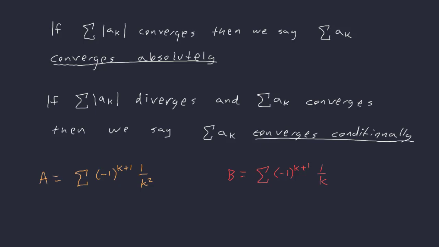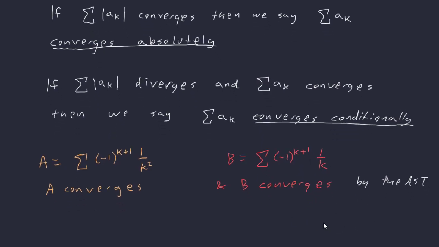Now both of these converge, right? A converges and B converges, and both of these are by the alternating series test.